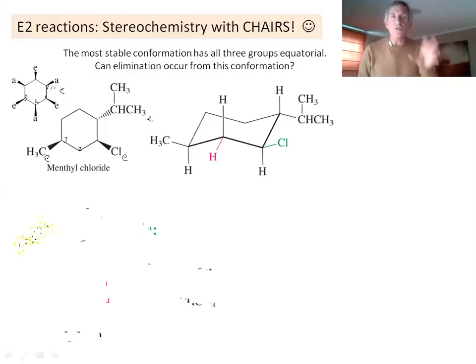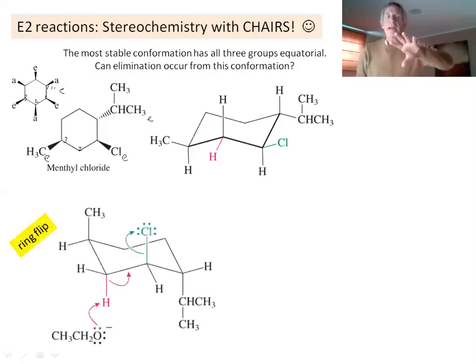I need to do a ring flip. I need to flip this entire ring so that every equatorial becomes axial. I know that's the higher energy one, but I won't get any elimination at all unless it does this ring flip. And so all of these groups will become axial.